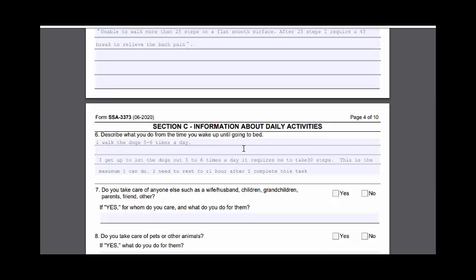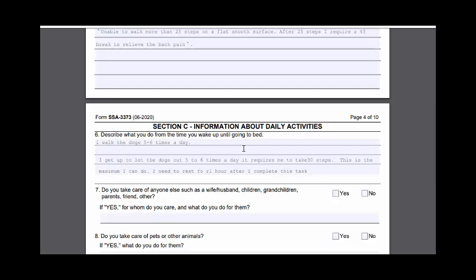So: I get up and let the dogs out 5 to 6 times a day. It requires me to walk 30 steps. This is the maximum I need to do. I need to rest for an hour after I complete each task. So again, demonstrating more specifics to make it even more detailed, you'd say, I have 2 small dogs, they weigh 10 pounds. I just get up, I let them out, take 30 steps, come back, and I have to rest.